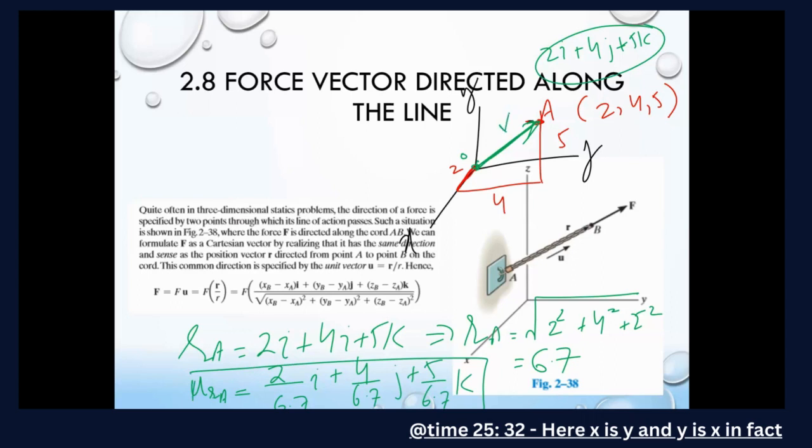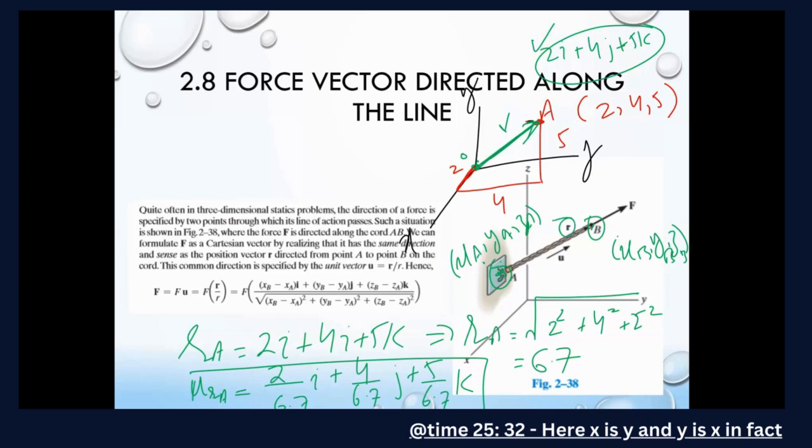Now think of the same scenario. This is point A, this is point B, and you know their locations: you know xA, yA, zA, and also xB, yB, and zB. If you know these, you can use this formulation and calculate the position vector r.